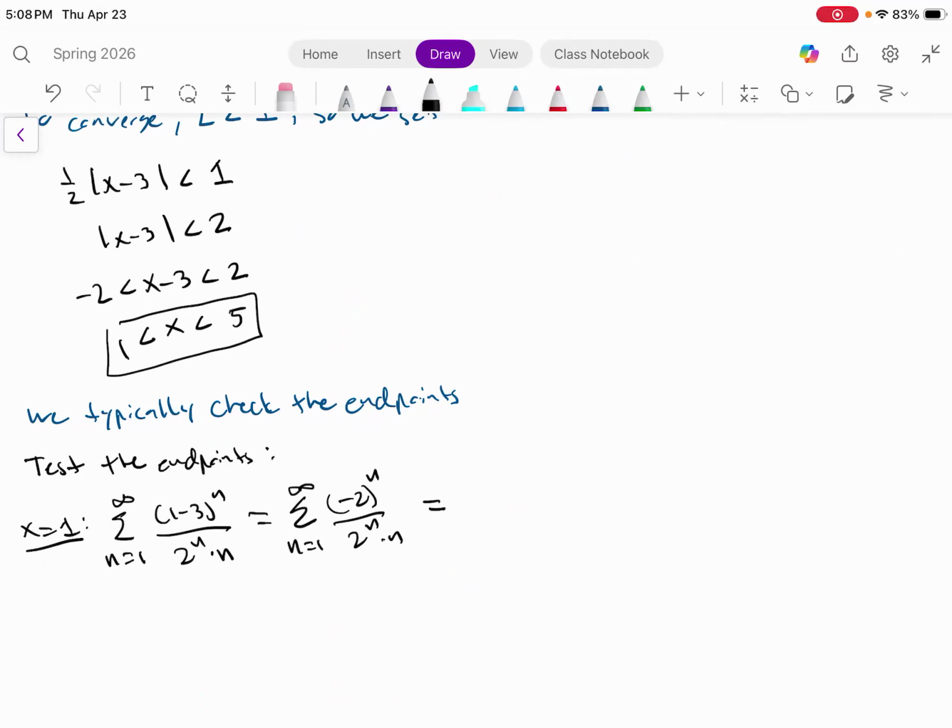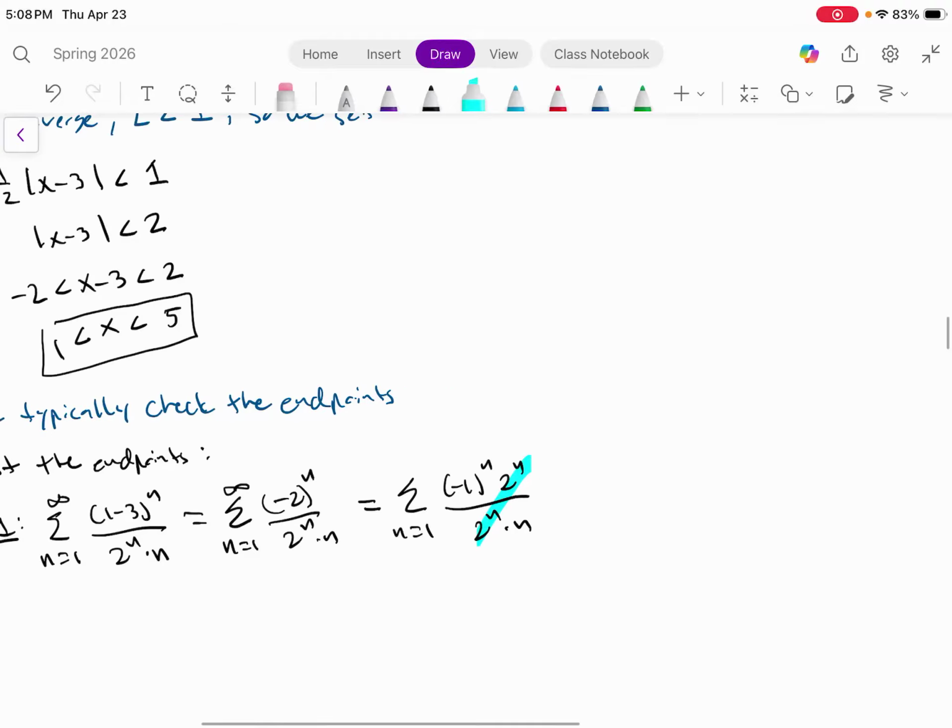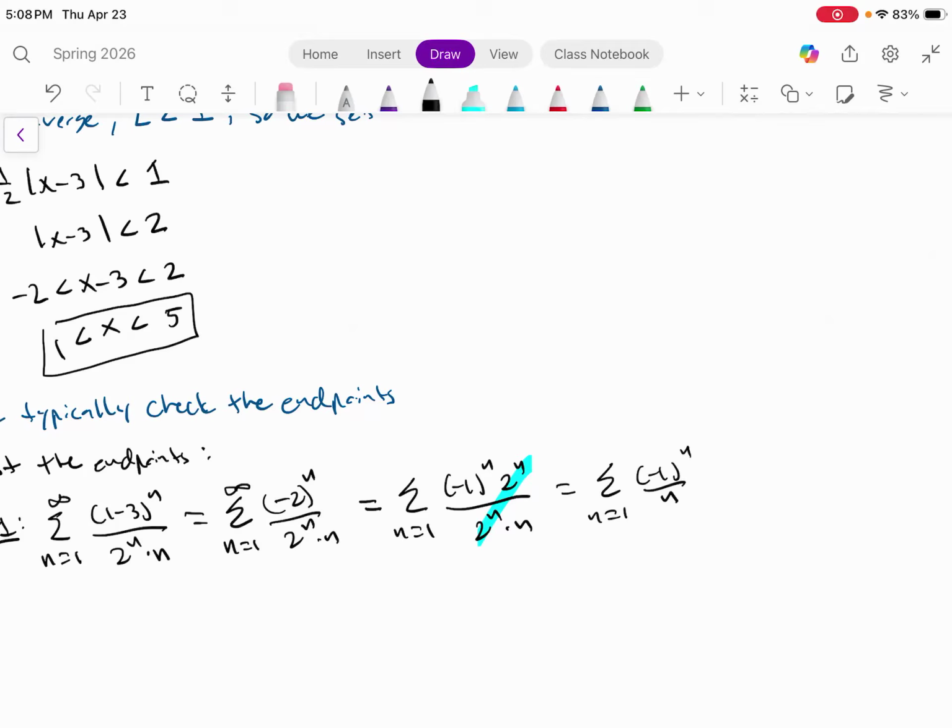I can take out negative 1 to the n, the alternating component. That'll leave me 2 to the n, and so I could cancel out these 2 to the n's. And so what I'm left with is just negative 1 to the n all over n.